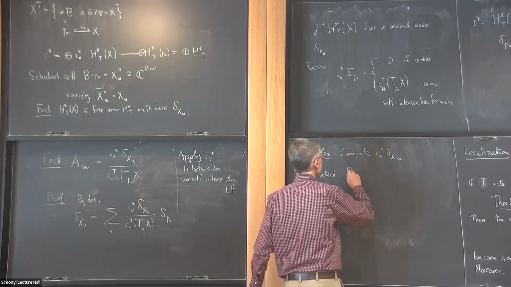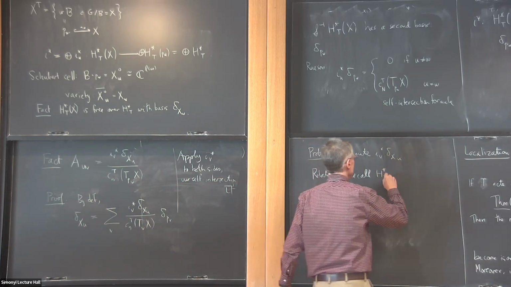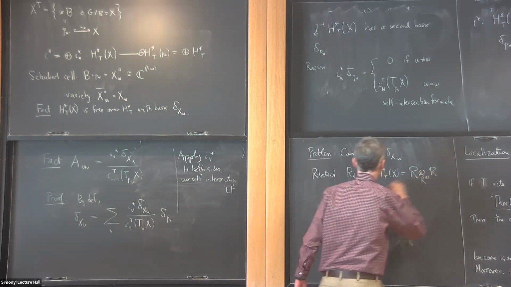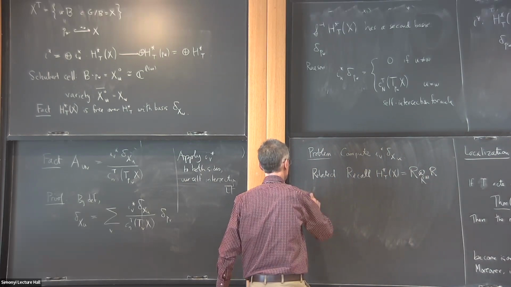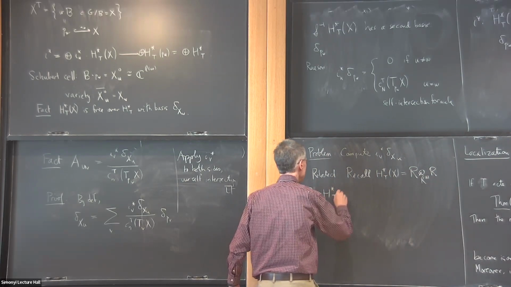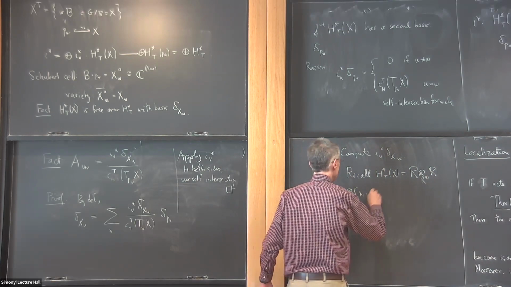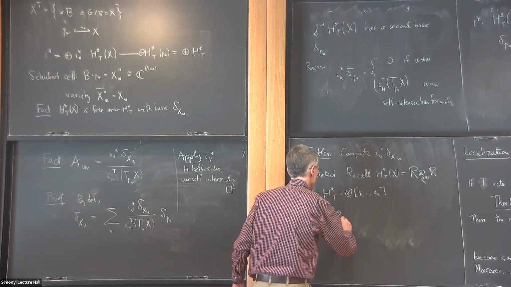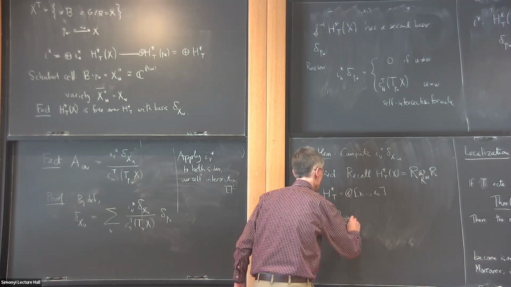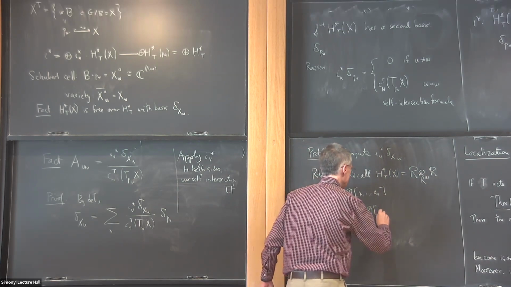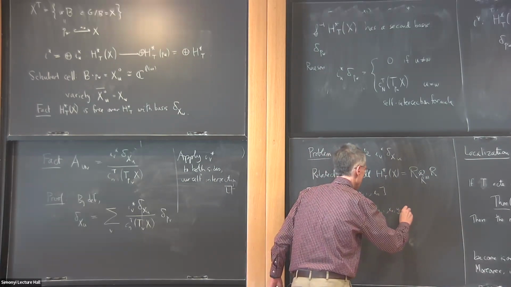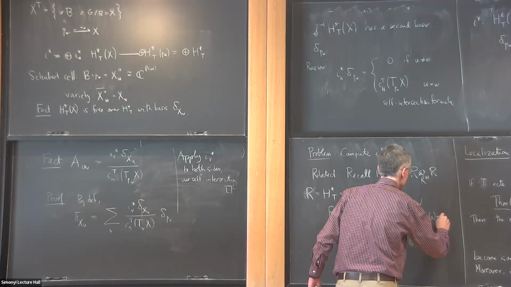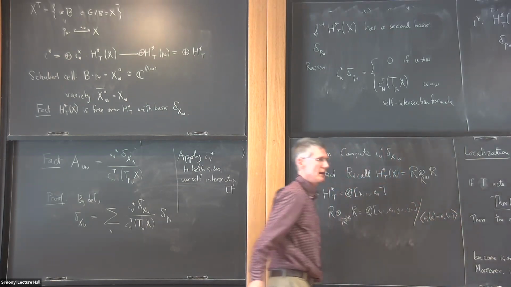The related problem is, recall that H star T of X was equal to this R tensor over RW of R, where R was H star T, which is Q of X1 to n, and R was this polynomial ring in the X's and the Y's, modulo the relation e_i of X is equal to e_i of Y. Okay, that was what R was.